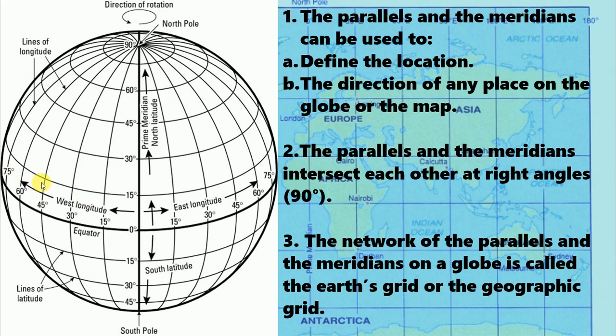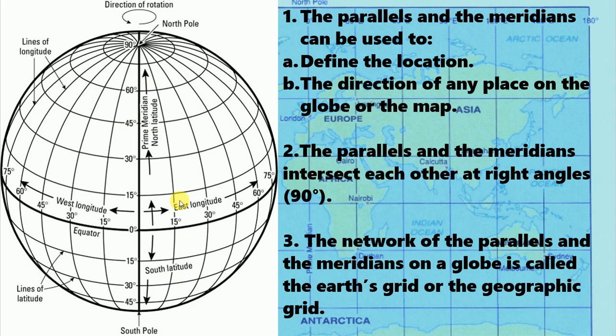As we have already discussed, the parallels help us find the location in the north and south directions, and the longitudes help us find the location of a place in the east as well as west directions. Parallels run at equal distance from each other, they are parallel to the equator, and the longitudes meet at the poles.